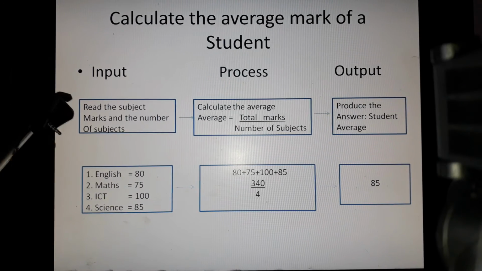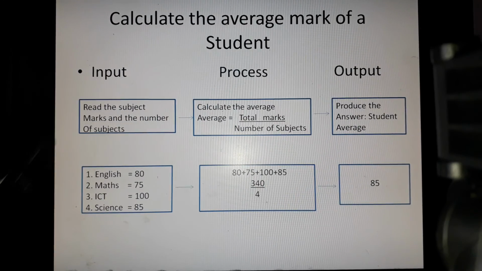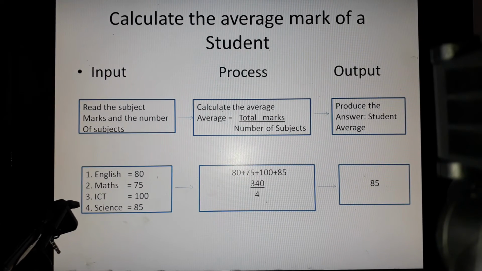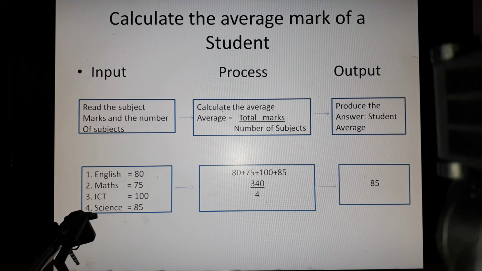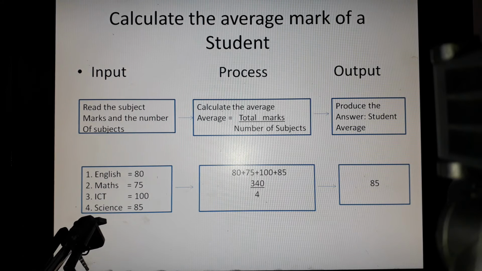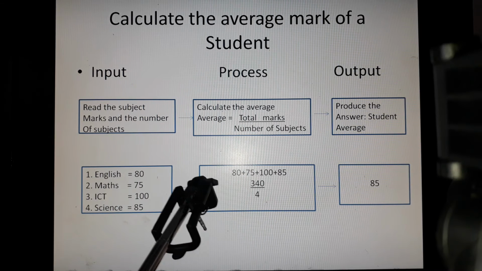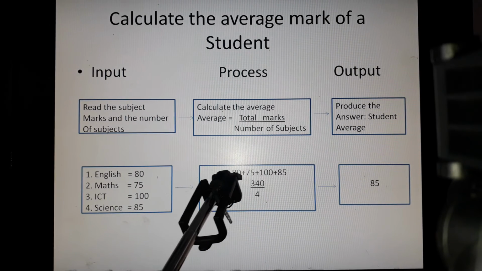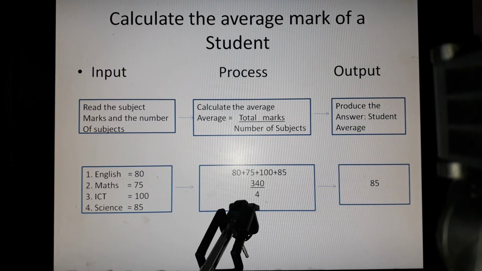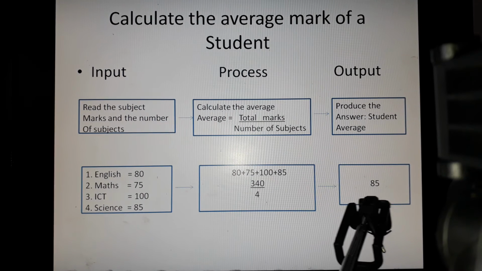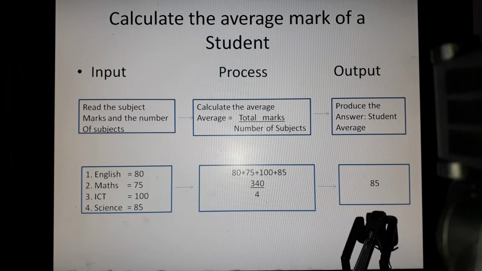This is the basic function of a computer system: input, process, output. Then what do we input? Subject marks and number of subjects done at the exams. Then process, we add all the subject marks and divide by the number of subjects, and produce the answer, which is the output, 85.